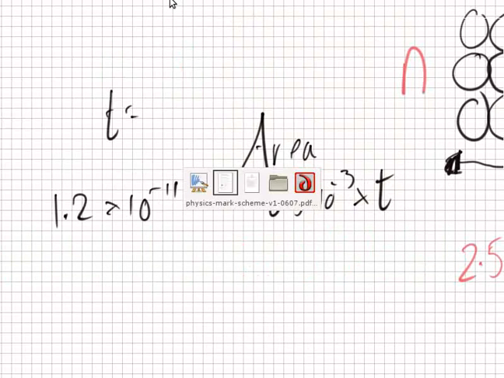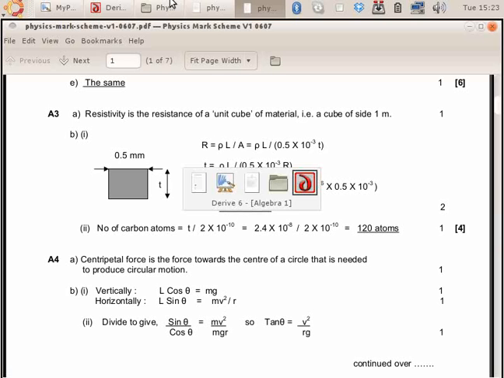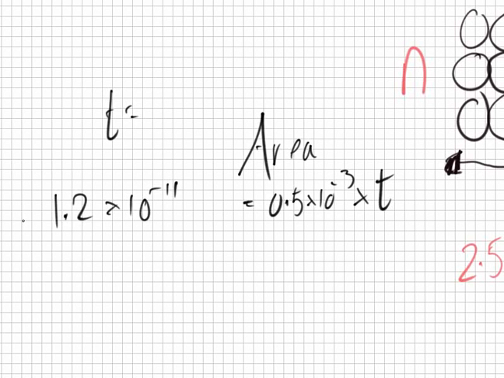All right, let's go back. All right, let's get the T. So we got the total area, didn't we? Where was it? 1.2 times 10 to the minus 11.